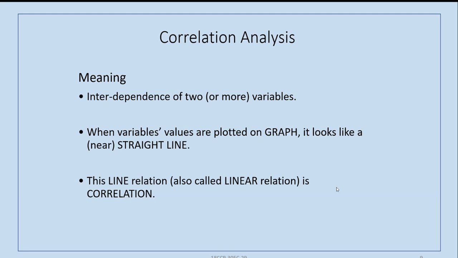And when variables' values are plotted, that means if you take a graph paper and plot them, if there is any dependence, then you will find a straight line on the graph. That line can be called a linear relation. Linear means straight. A straight line should be there. That means a straight relation should be there.